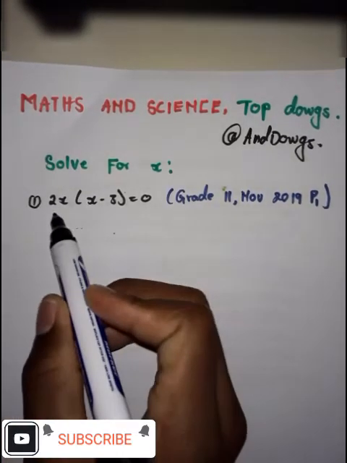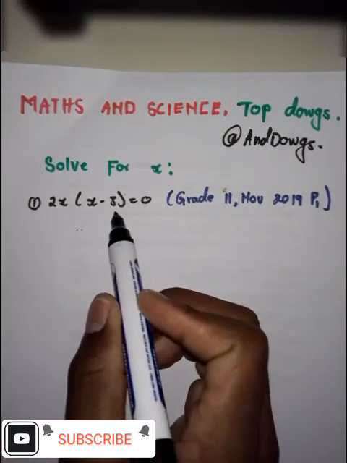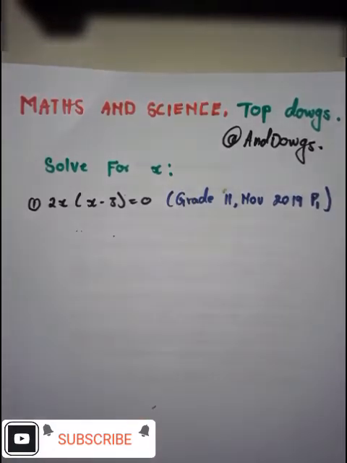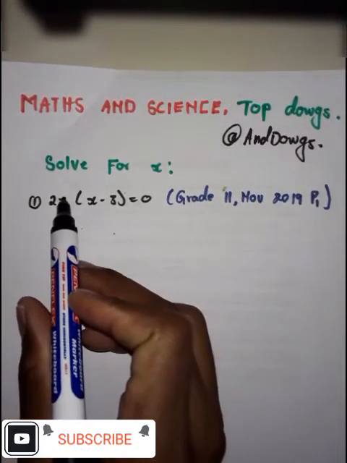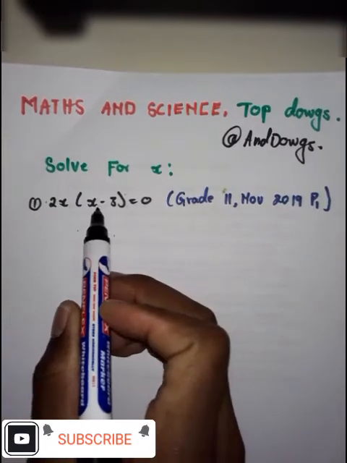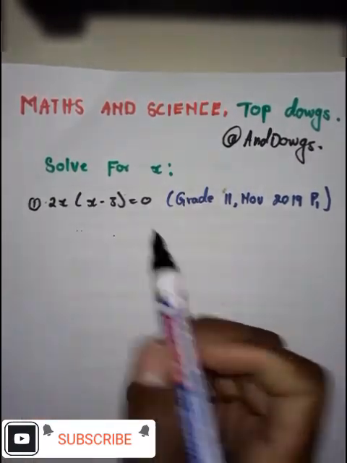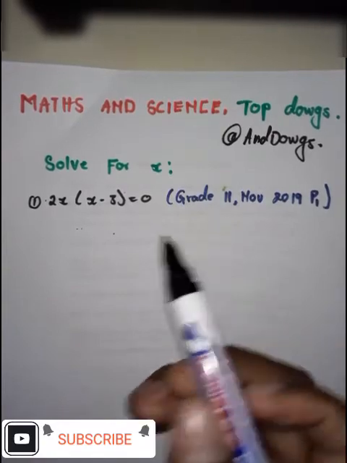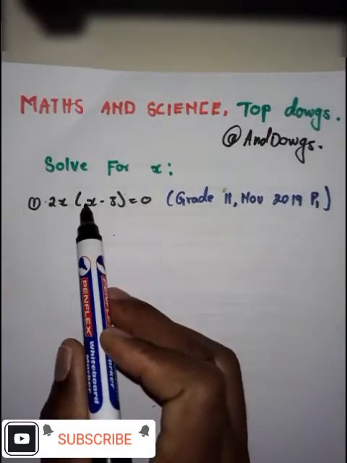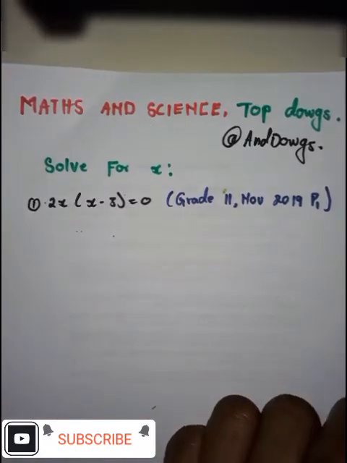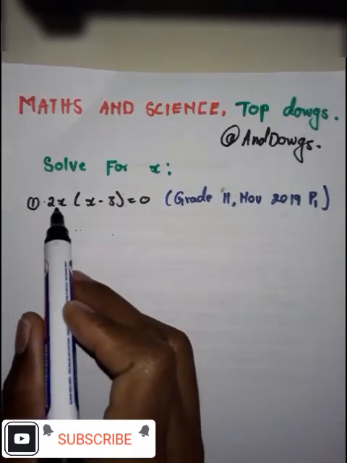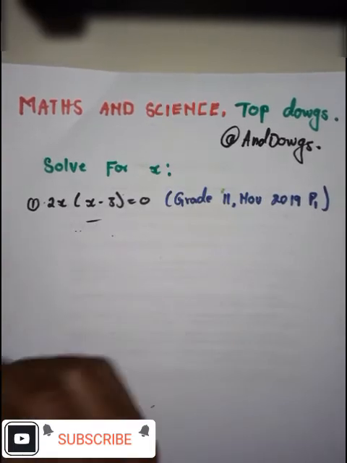So here, since you have 2x open bracket x minus 3 close bracket is equal to 0, to solve this expression, remember that if you have a 0 multiplied by something, then it's equal to 0. So if the whole thing in here is 0, then this whole expression is going to be 0.